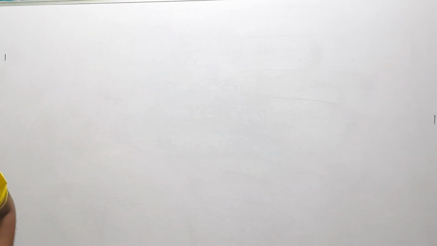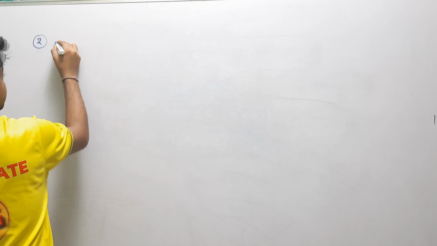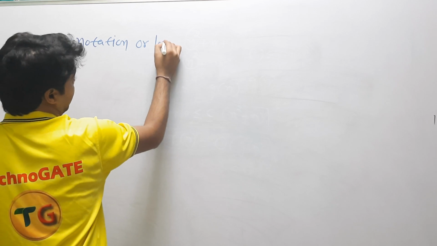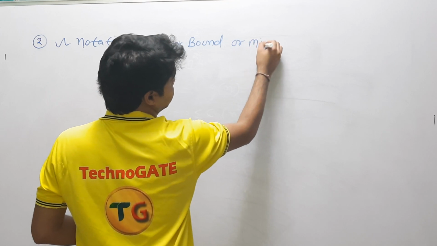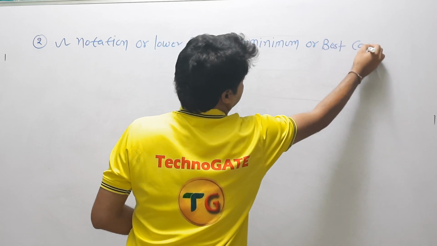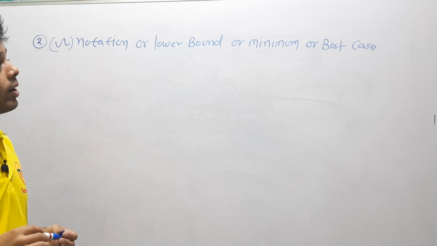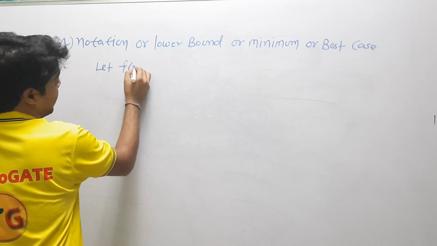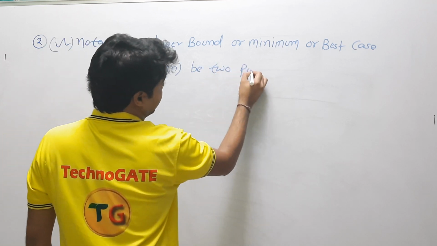Now the next one is omega notation. The second one is omega notation, or lower bound, or minimum time, or best case. Let Fn and Gn be two positive functions.